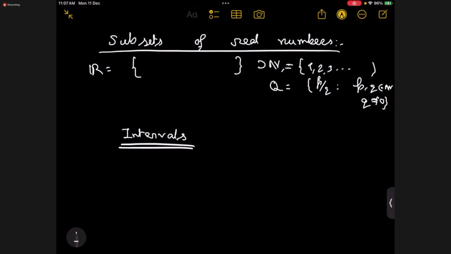Interval means there is some starting point and ending point, and we are collecting all the points inside this range.